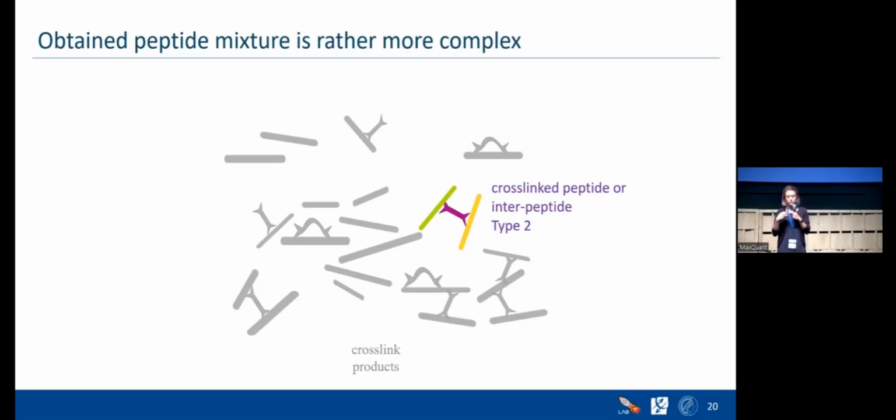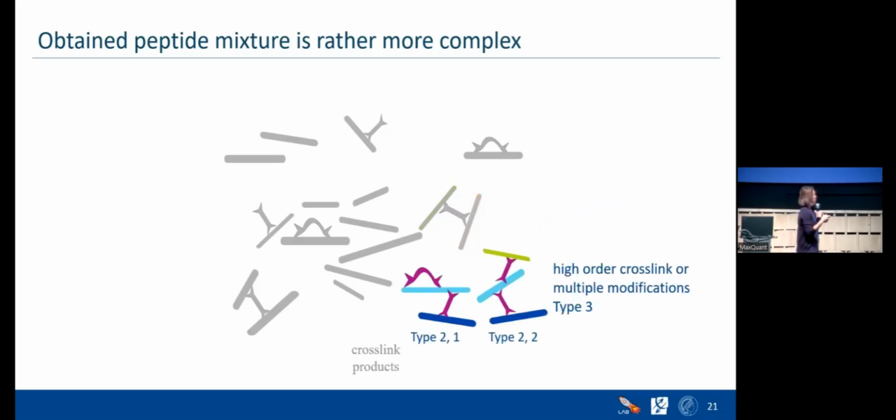There is different terminology on crosslinking in terms of type. That's why I wanted to put it there, but I will refer mostly to crosslinked peptides throughout the talk. And I also know the mass differences for these. The crosslinking happens with a known feature, that's why we know the mass shift.